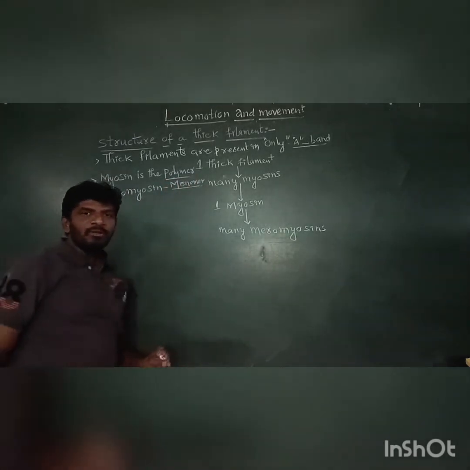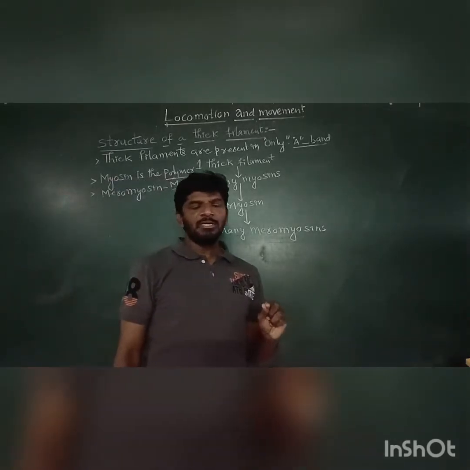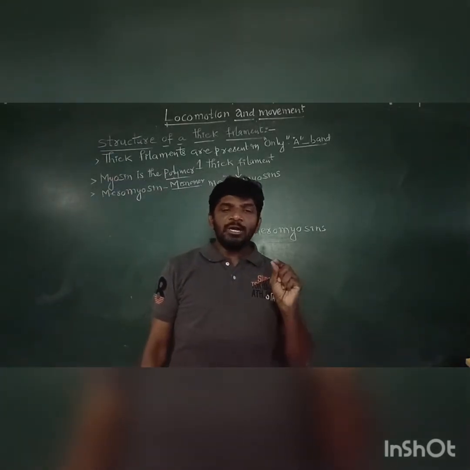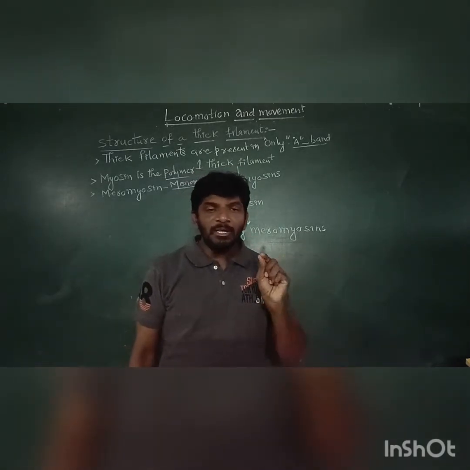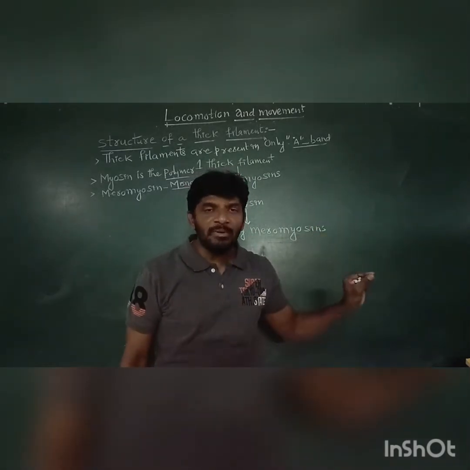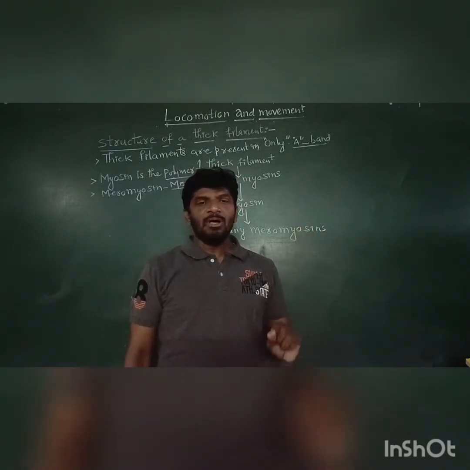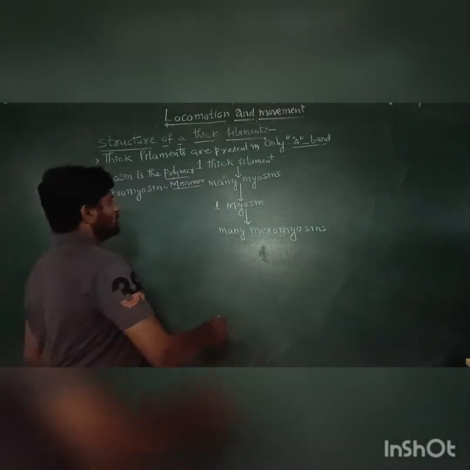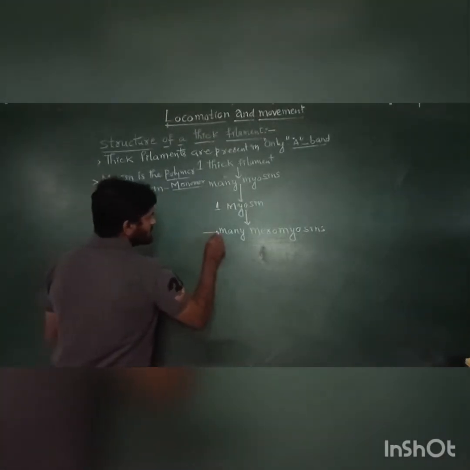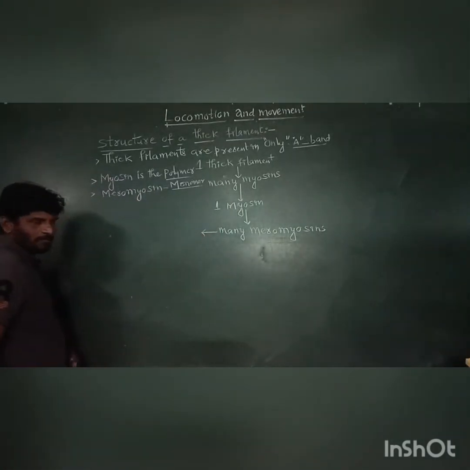What is the polymer in the thin filament? F-actin. And what is the monomer of the F-actin? G-actin. What is the polymer in the thick filament? Myosin. And what is the monomer of the myosin? Meromyosin.